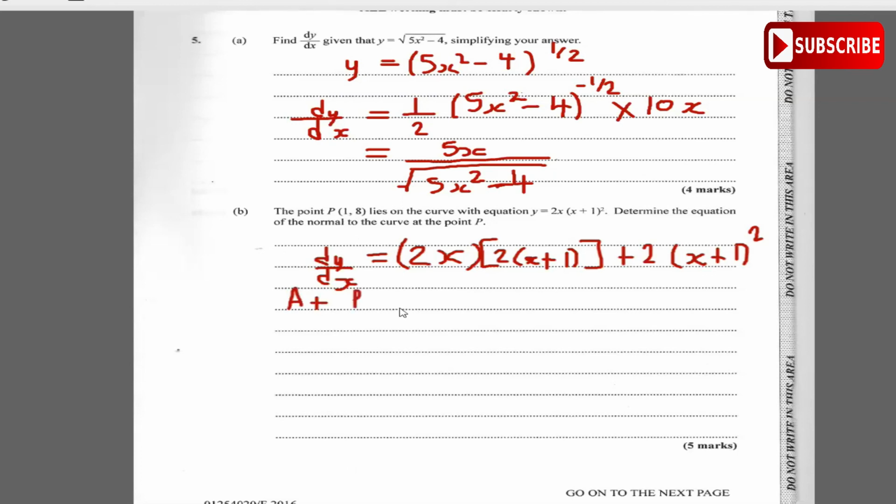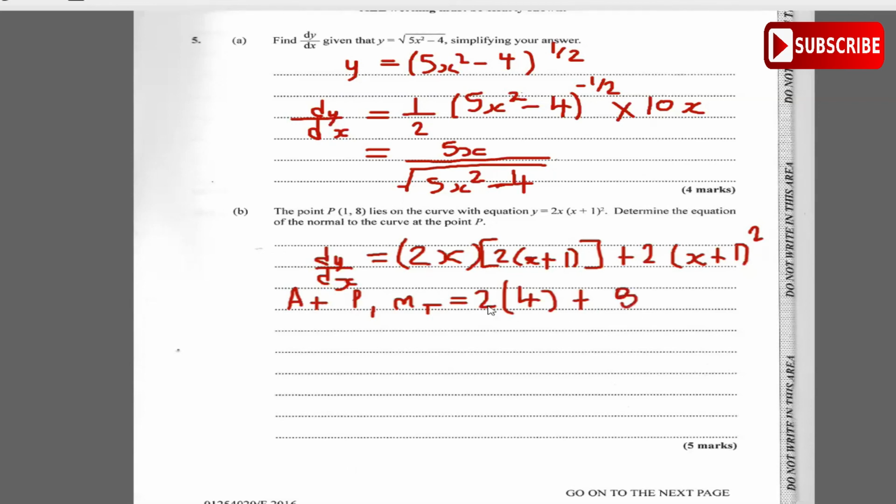The gradient of the tangent is going to be equal to, when I plug in x as 1, 2 times (1 plus 1) is 2 times 2, which is 4, so I get 2 times 4, plus 1 plus 1 is 2, 2 squared is 4, 4 times 2 is 8.